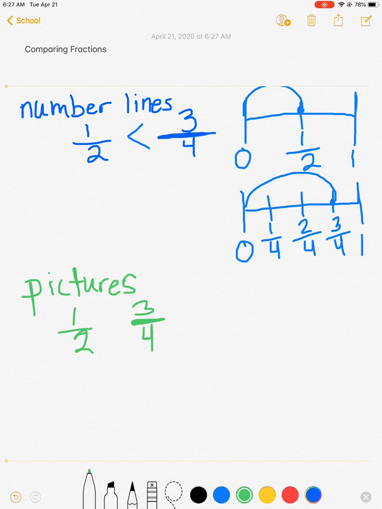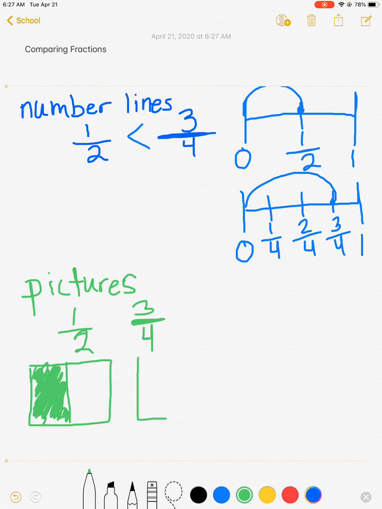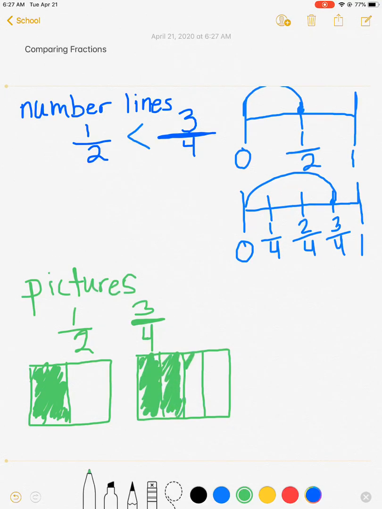Now I'm going to draw 1/2. Here is 1/2 modeled and represented. Now let's draw 3/4. Shade it 1/4, 2/4, and 3/4.